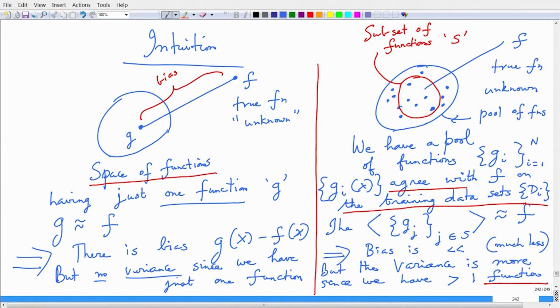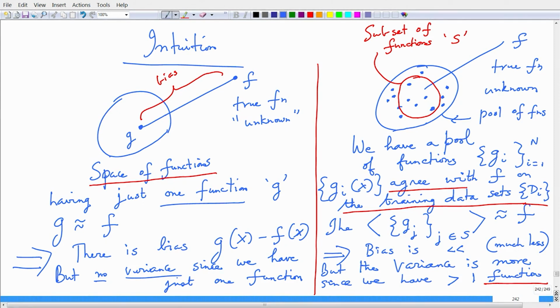You have to be slightly careful in your understanding here, because g suffix i depends on d suffix i, like the example that we considered in the parabola. Depending upon where I am sampling, I get a different line. So here I can have a different function g suffix i that depends upon the data set d suffix i.